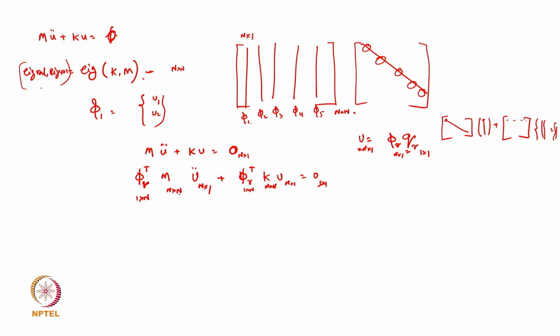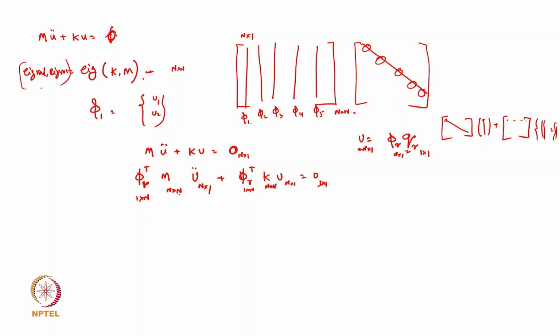So u is n cross 1, phi r is n cross 1, because that is one of the columns of the full matrix, and q r is 1 cross 1. It's a single point I am trying to map. Okay, good.